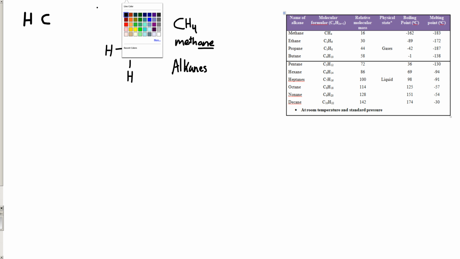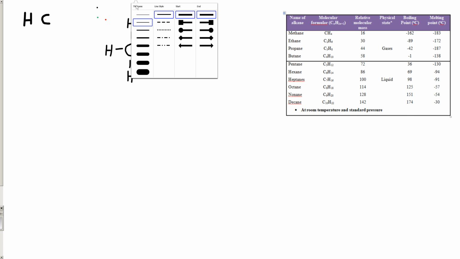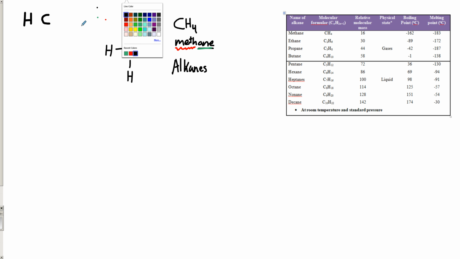The ending of the word, that suffix -ane, tells me that there are no carbon-to-carbon double or triple bonds. And the prefix, the starting part of the word, gives you a clue to how many carbons there are in the main chain of the molecule. So I'm going to do another example. We'll go up by 1 for now.